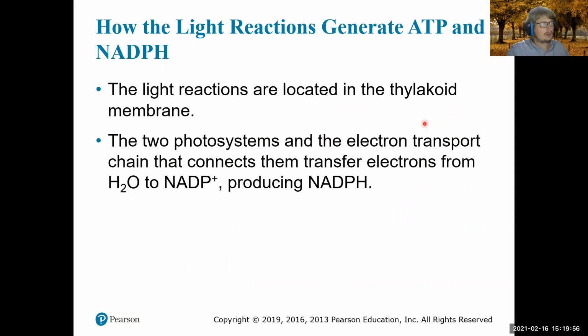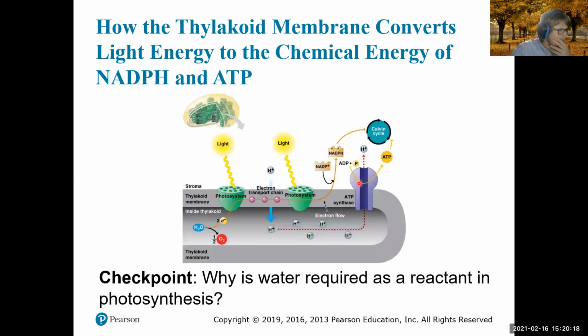Okay, so those light reactions are located in the thylakoid membrane, and the 2 photosystems and the electron transport chain transfer electrons from that water molecule to make ATP and NADPH. We have another figure here showing this process.